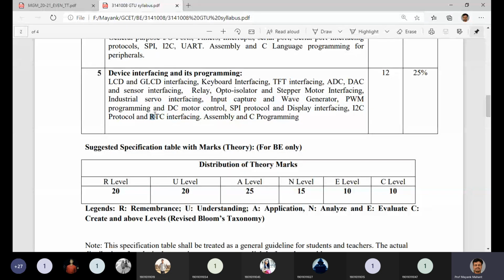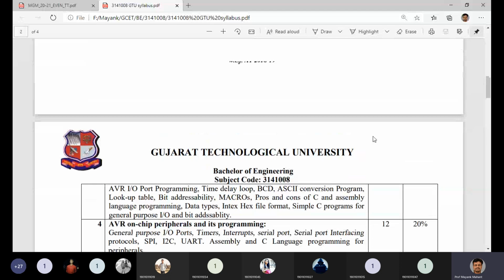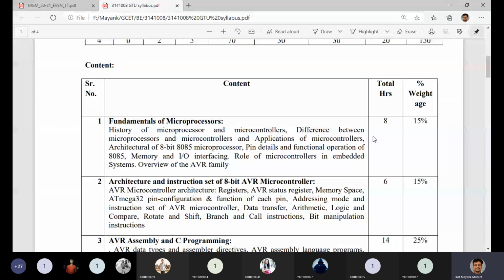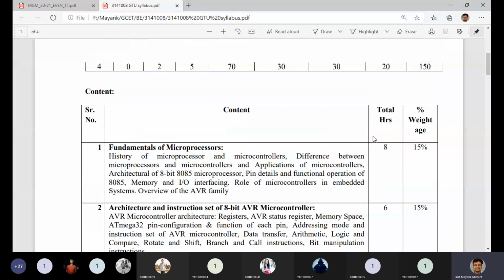These are the topics we are going to discuss in this subject throughout the semester. If you have any query on the things I have discussed, you can ask me.